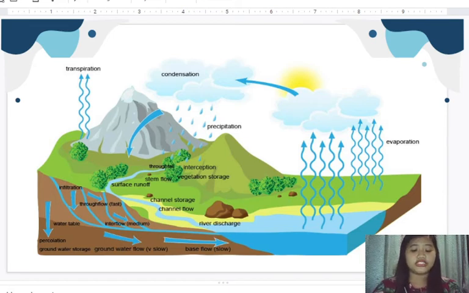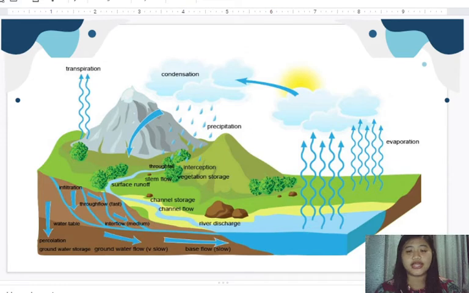Evaporation is the process of a liquid surface changing into gas. In the water cycle, liquid water, like in the ocean, lakes, or rivers, evaporates and becomes water vapor. The evaporation process is driven by the sun.